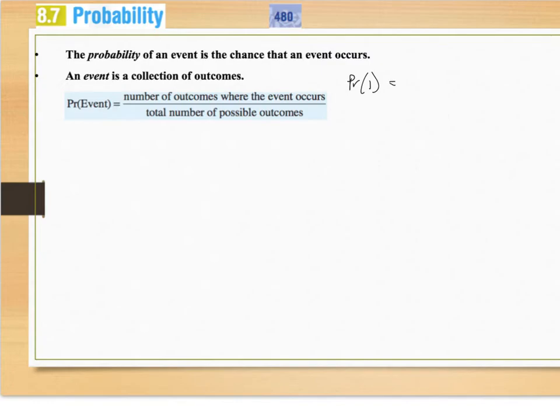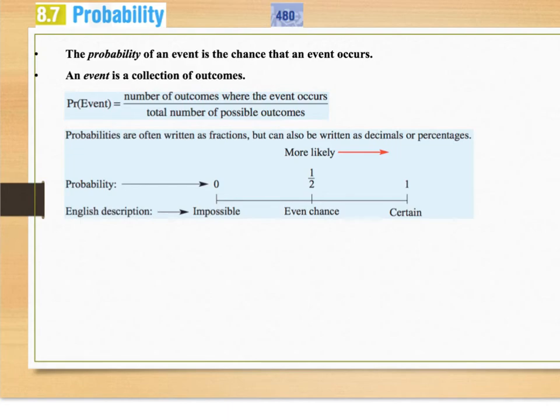How many possible ways can I have a 1? There's only one possible outcome to get a 1, divided by how many possible outcomes there are, which is 6. So the probability of getting a 1 is one chance out of 6. And that is all that this is indicating.